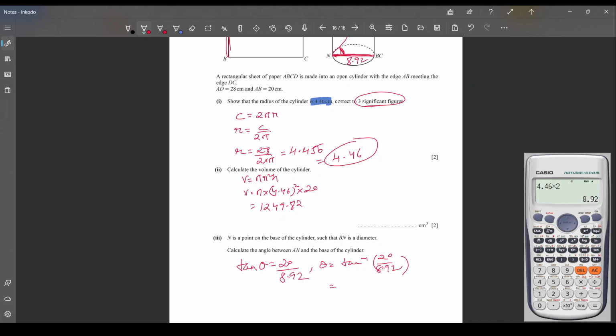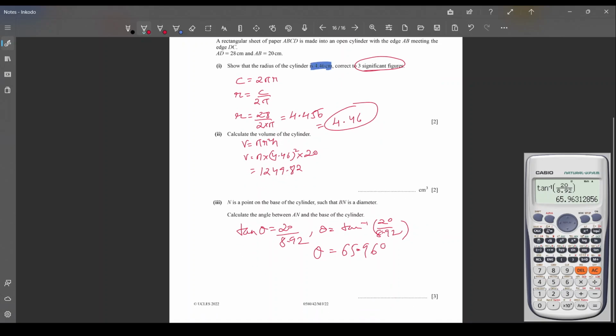If we solve this, tan inverse of 20 by 8.92 gives you the answer as 65.96. So theta will be 65.96 degrees. So that's the answer.